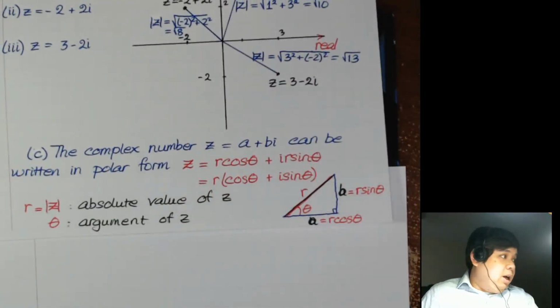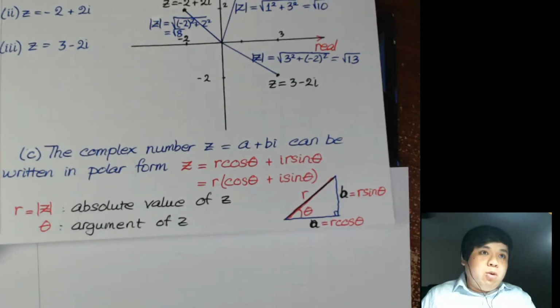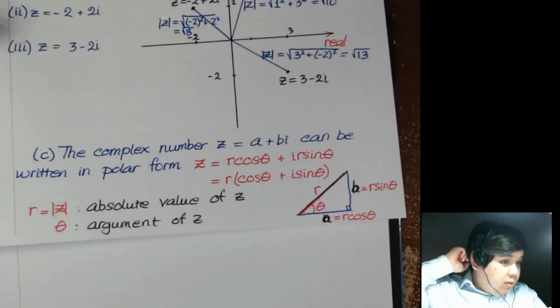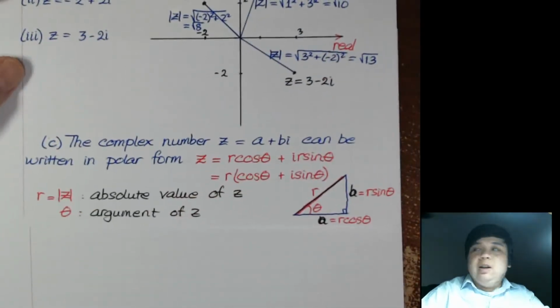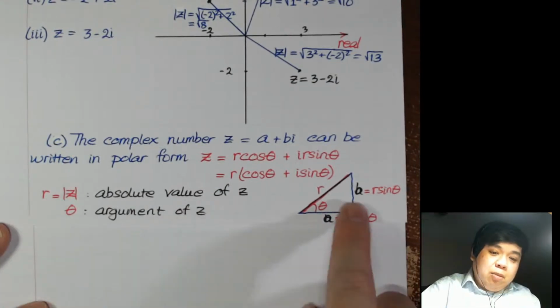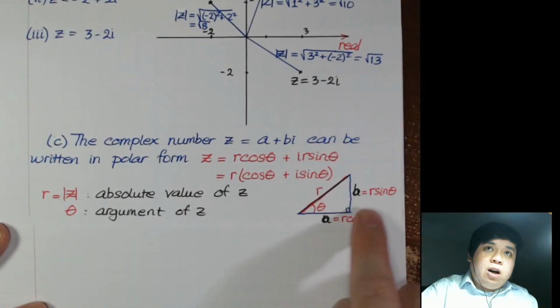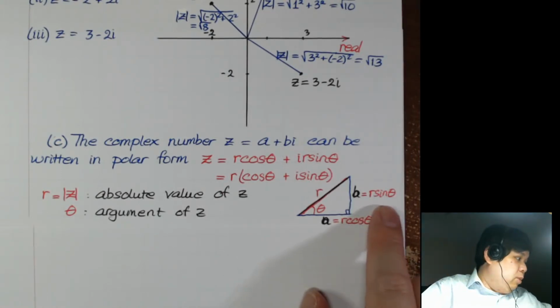No, this is not a problem with my computer, it's just the problem with the network. It's just terrible right now. Right. So again, instead of a and b, we use r cosine theta for the real part and r sine theta for the imaginary part.